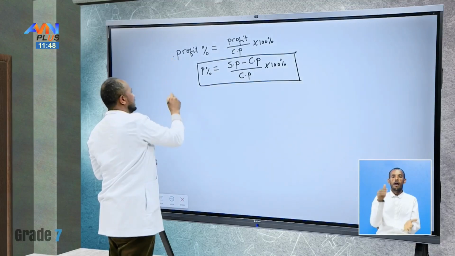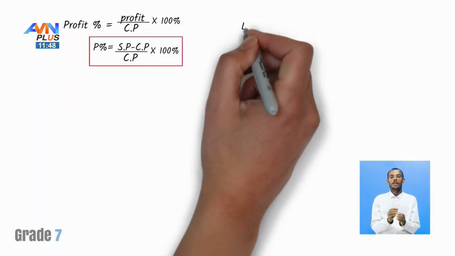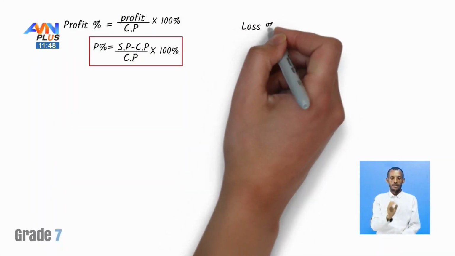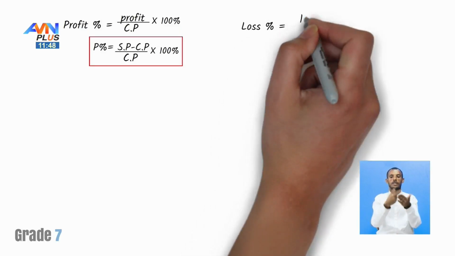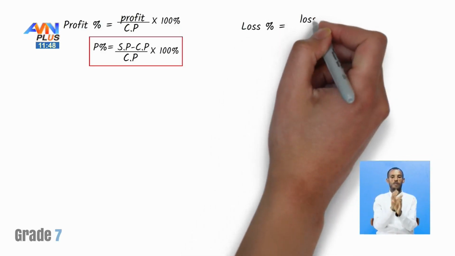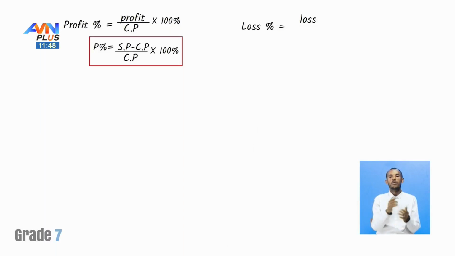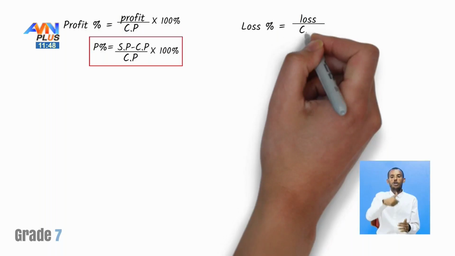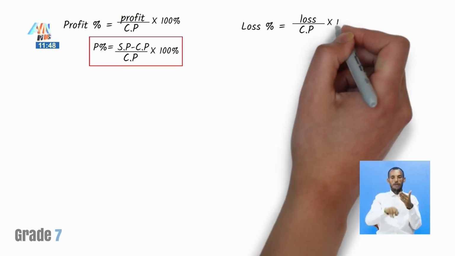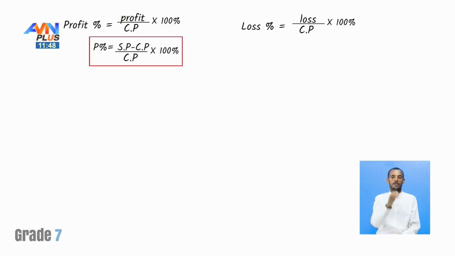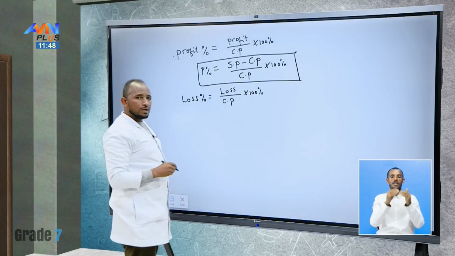Again, loss percent is given by this equation. To calculate the loss percent, you divide the amount of loss by its original price, that means by its cost price, times 100%. So this is the equation to calculate loss percent.